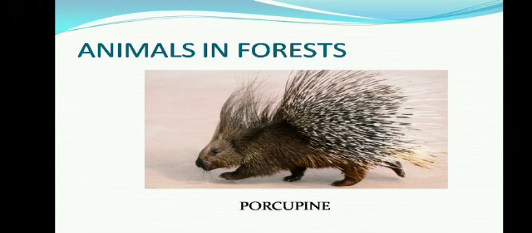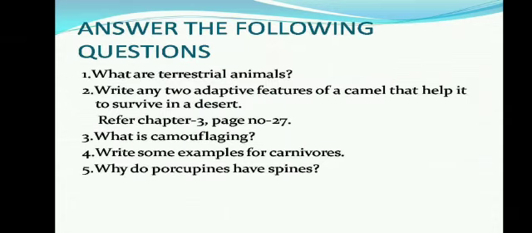See, porcupine is having spines all over its body. These spines are also called as quills. When a predator is approaching, what will the porcupine do? It rolls up into a ball with all its quills pointing outwards to scare away the predators.